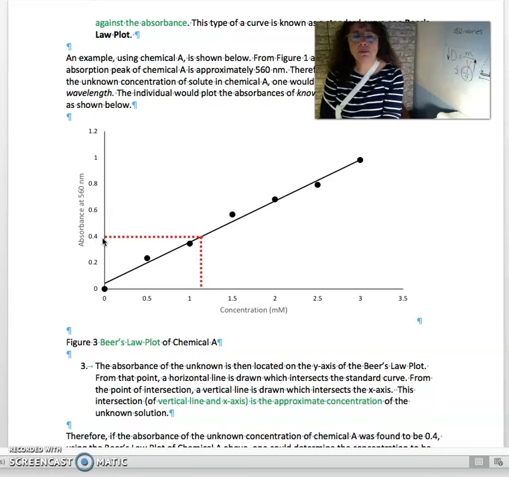So you come through, my absorbance is 0.4. Where does it hit the line and intersect with it? Here, you go straight down and you can pinpoint a concentration in millimoles for that compound in your specific sample.